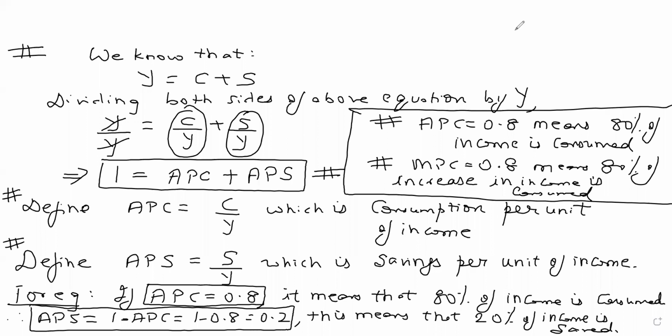So let's now erase all this and look at the diagram for the consumption function and how the goods market is in equilibrium given the consumption function.